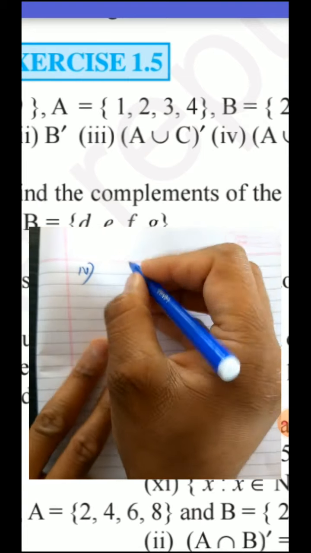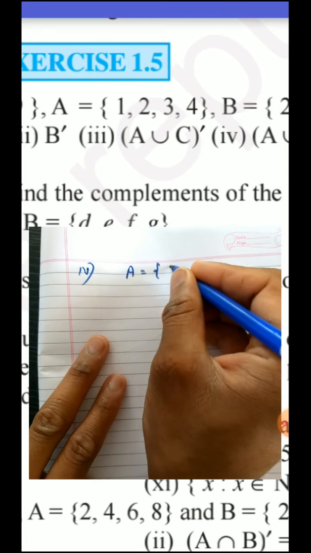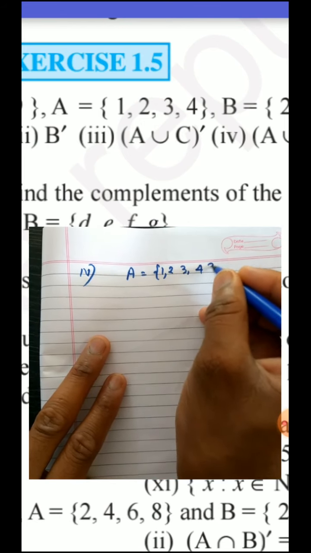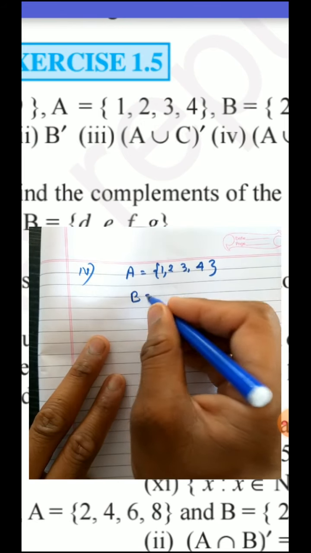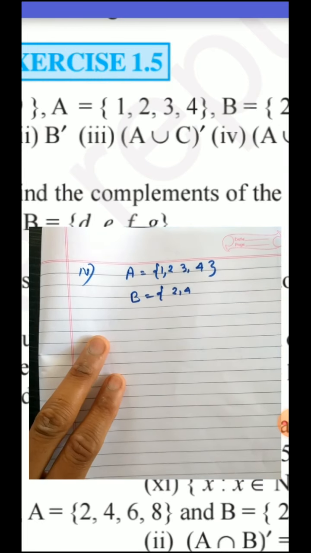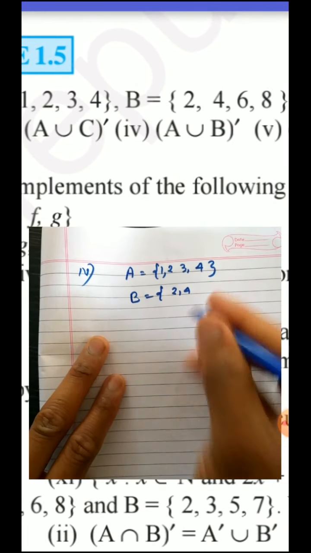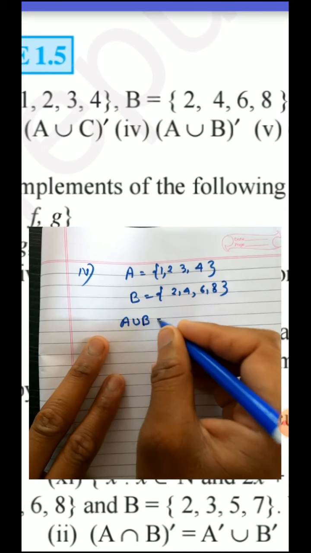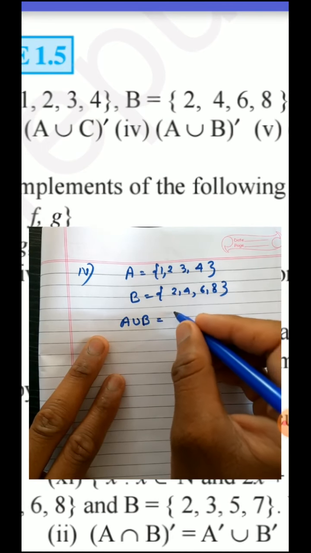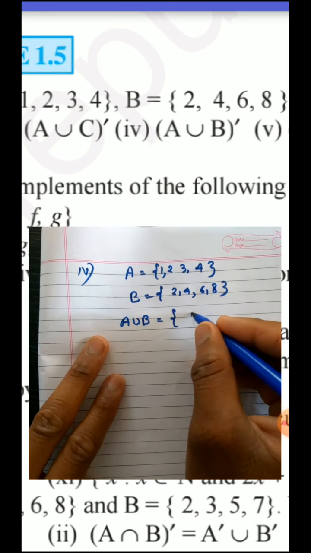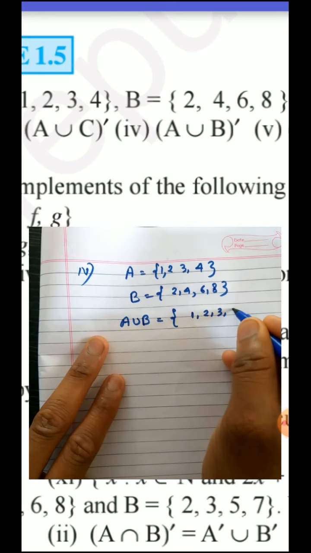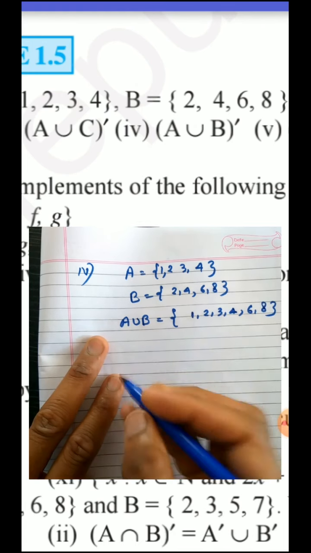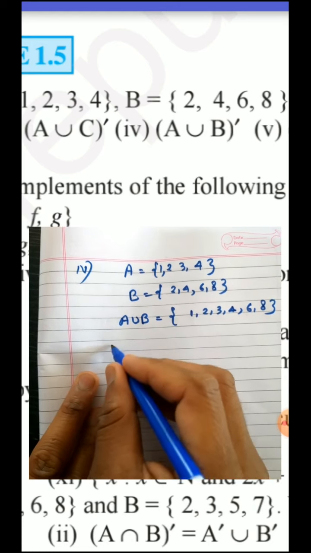A equal to 1, 2, 3, 4 and B equal to 2, 4, 6, 8. Now A union B means collect all elements of A and B: 1, 2, 3, 4, 6, 8.